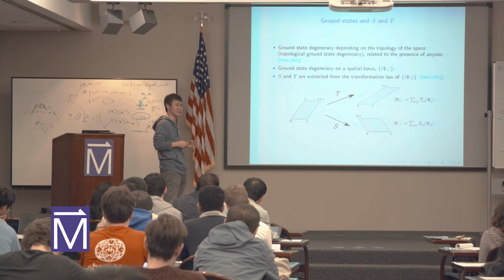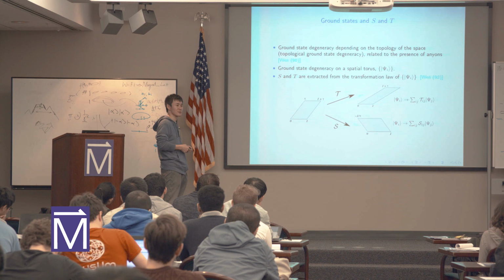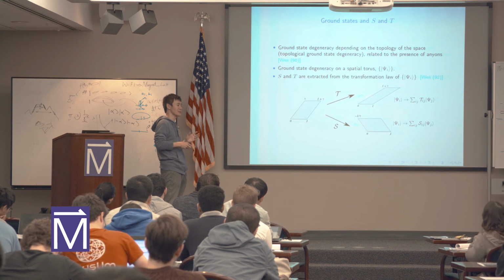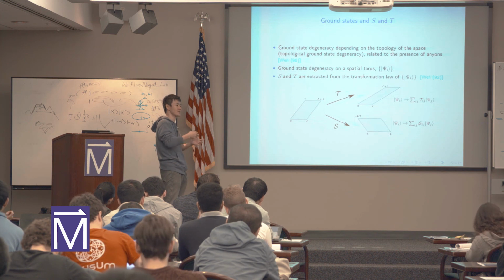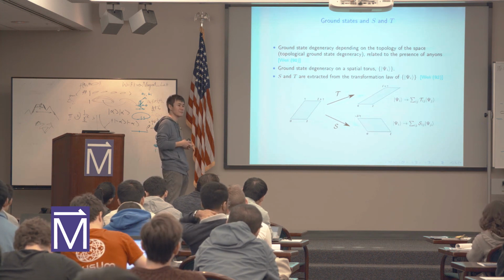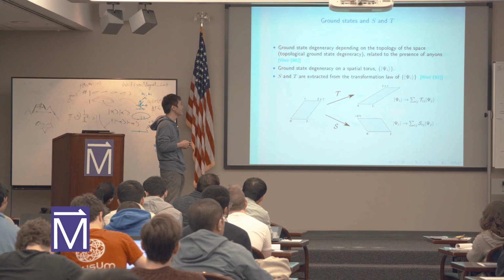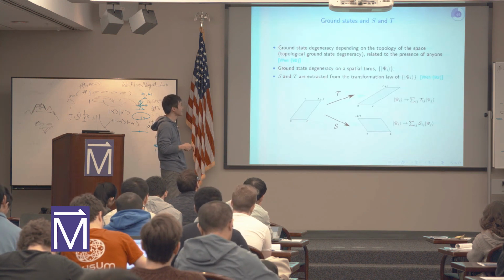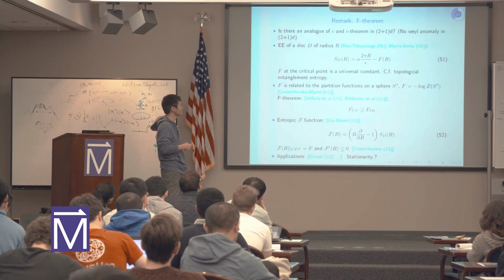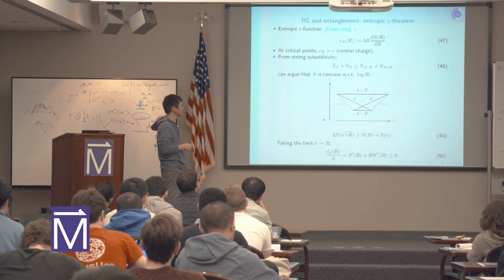I think it's not entirely clear, and it may depend on how you construct the analog of C away from the critical point. Ultimately it is desirable to develop more in this direction.